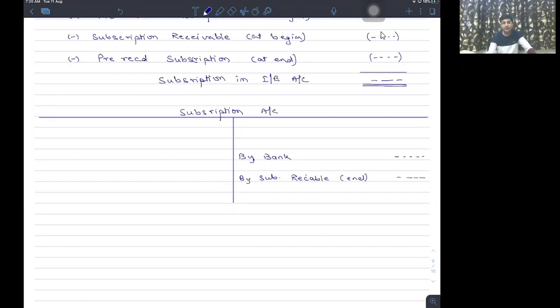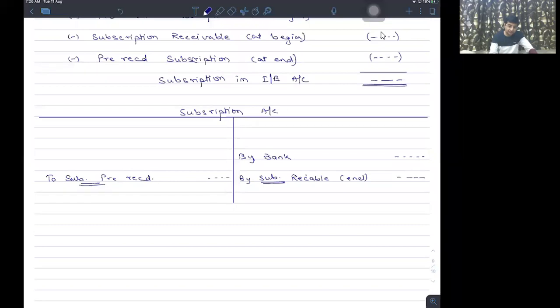Correct? Similarly, if there is any pre-received amount, that pre-received amount will reduce the current year receipt or not. Therefore, on the debit side, to subscription pre-received, whatever is the amount of that. Now, this subscription receivable and this subscription pre-received will appear in the closing balance sheet also.